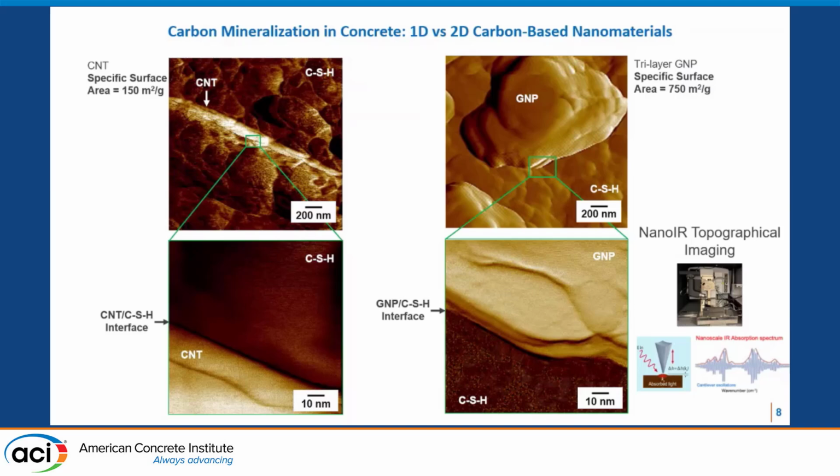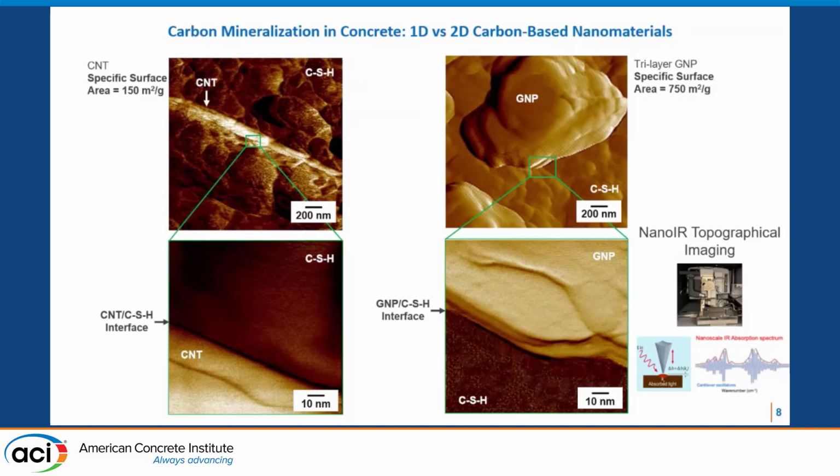Now, the next picture here shows graphene nanoparticles. This particular graphene shown in the picture is a three-layer graphene. Graphenes rarely come in a three-layer or monolayer form. They come in stacks of at least 20 or 30 layers.